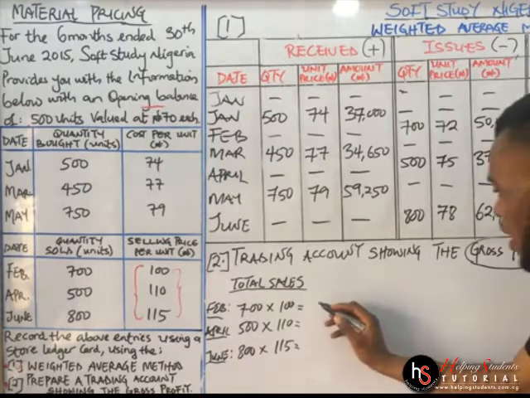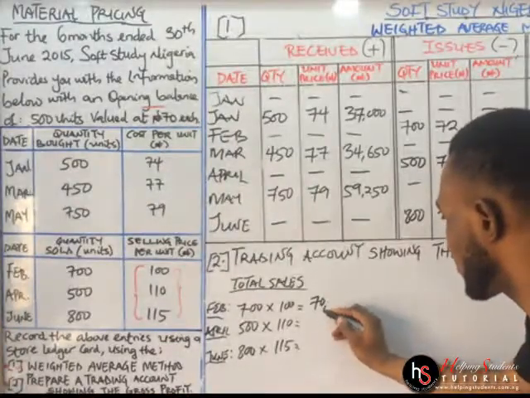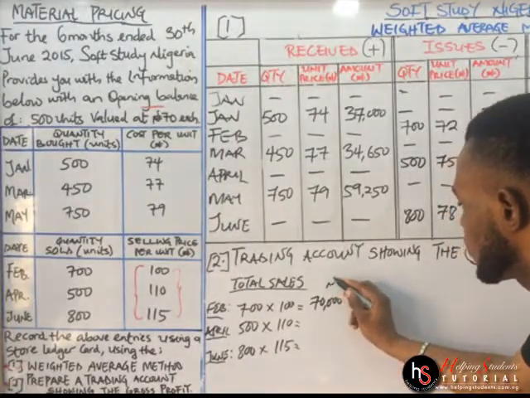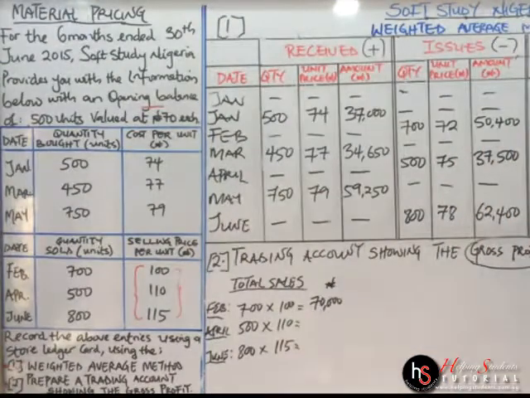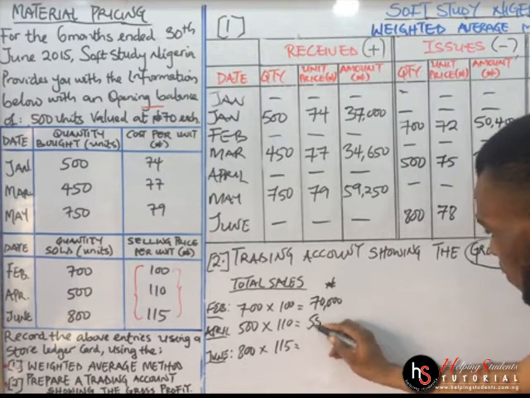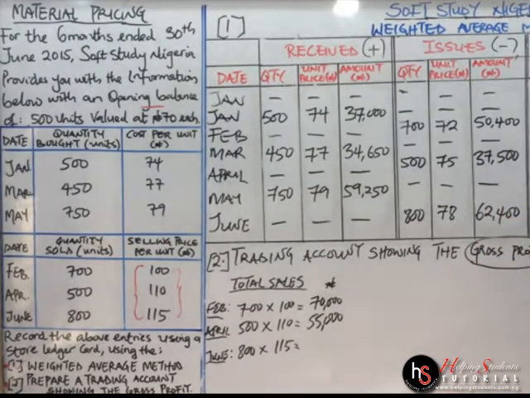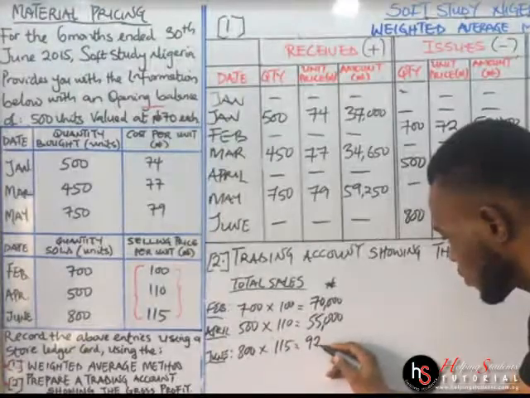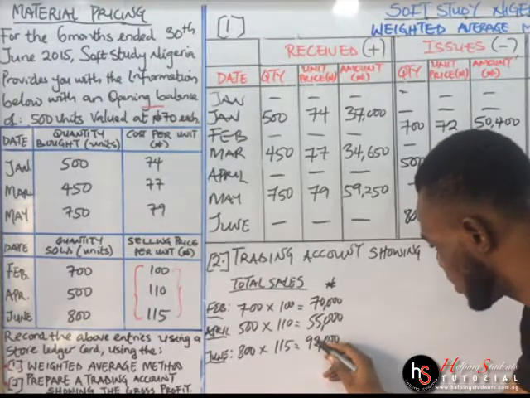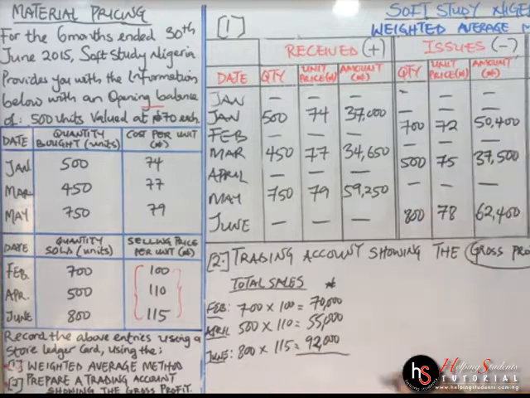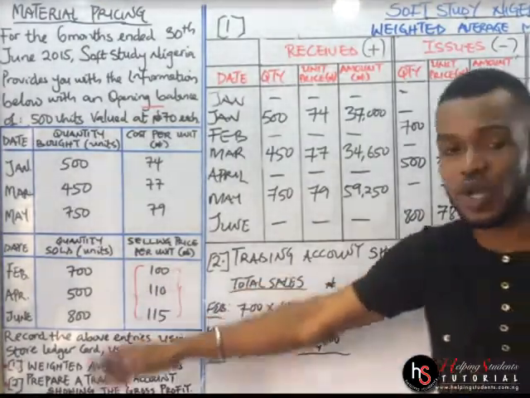So when we multiply, here we have 70,000. Here we have 55,000. And at this last section, we have 92,000. So those are the three transactions we had here, right?